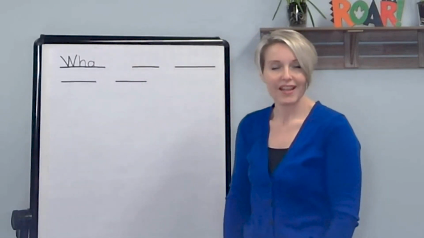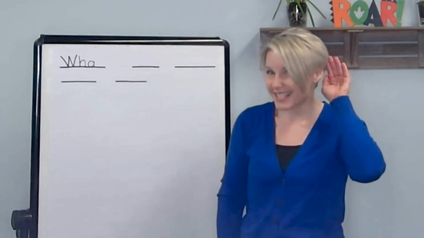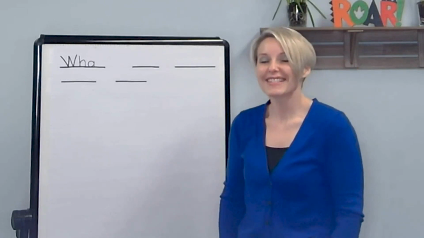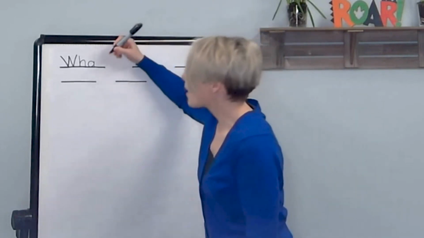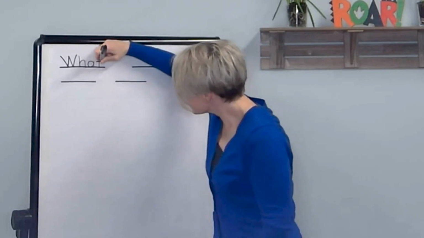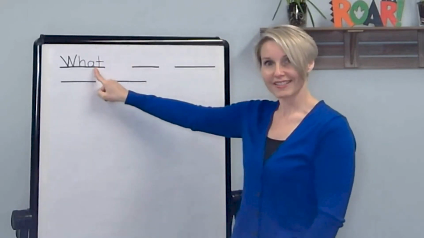A. What sound do you hear at the end of what? T. What letter makes that sound? T. You're right. We'll make a lowercase t. Start up at the top, big line down, and cross it in the middle. There's our first word. What?